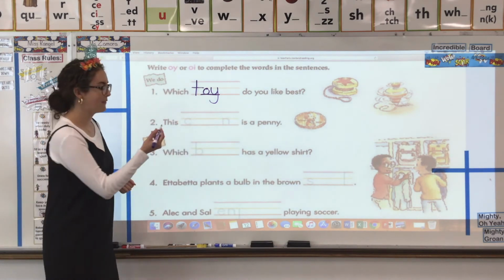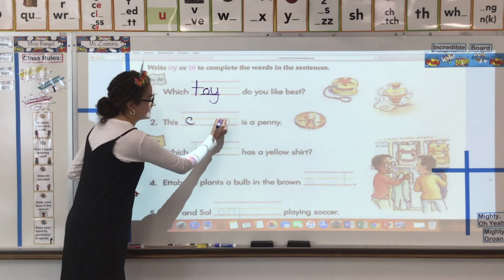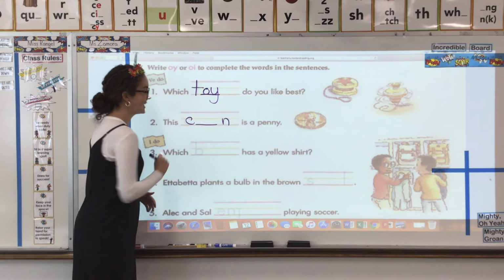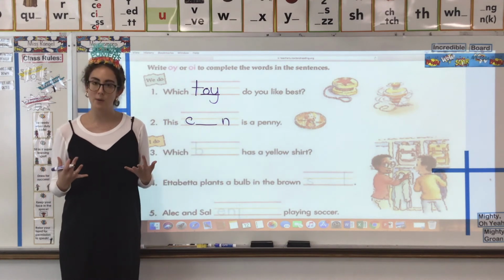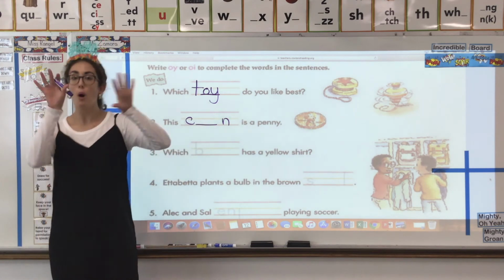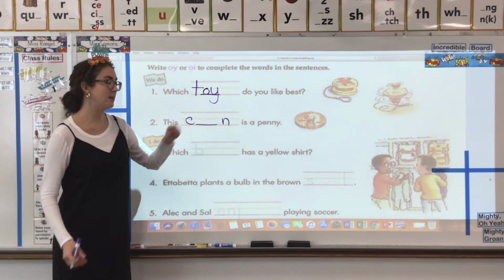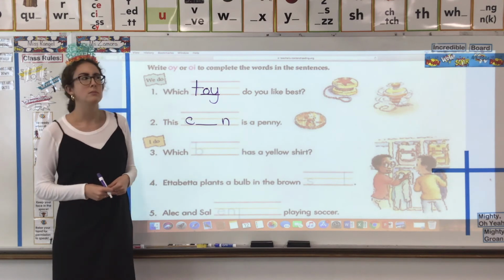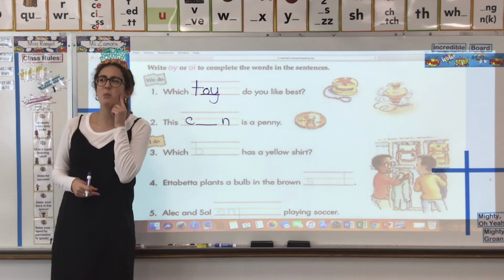Okay, let's move on to number 2. Let's see, what do we have so far? We've got a C and an N. But we're missing a sound in the middle of the word. If we need to write the sound oi in the middle of the word, how are we going to spell it?